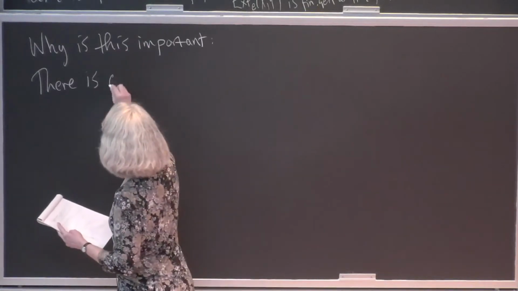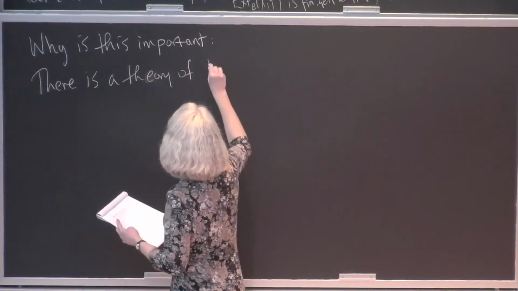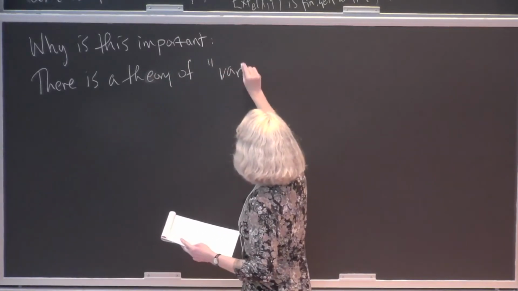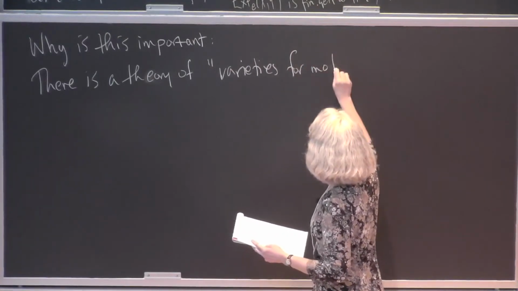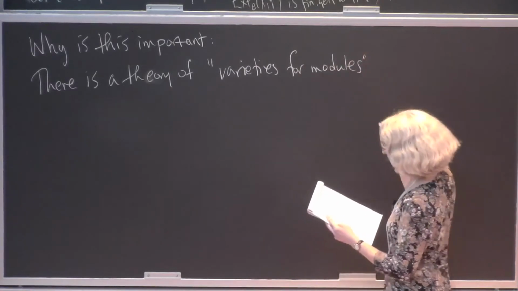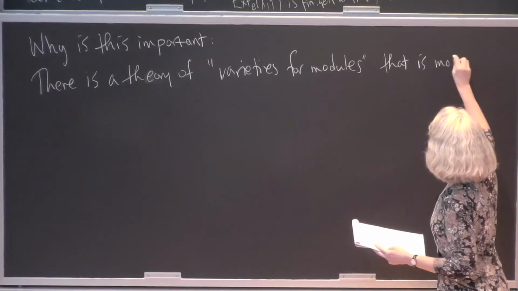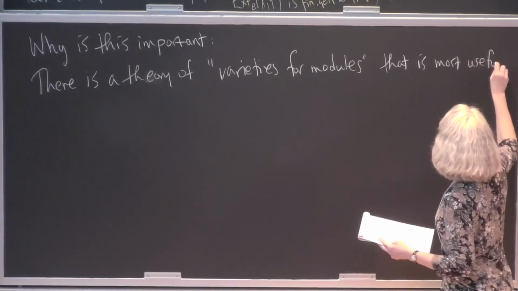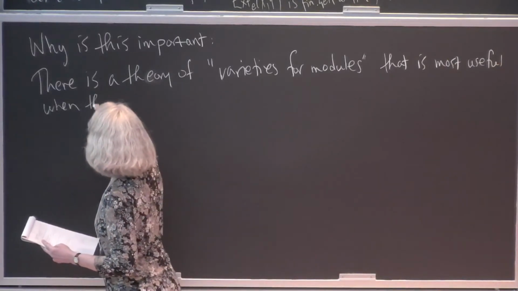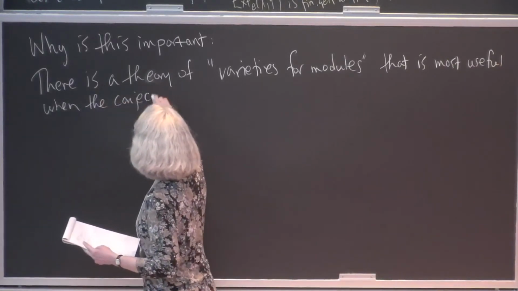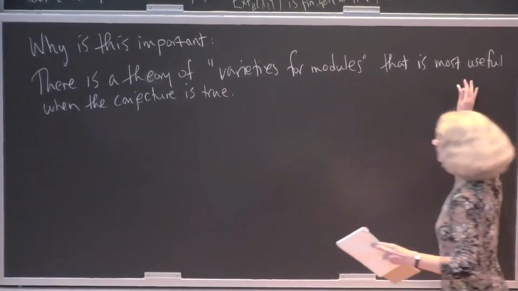So there's a theory of varieties for modules, or I guess varieties for objects, that is most useful when the conjecture is true. I guess most useful is a value judgment.